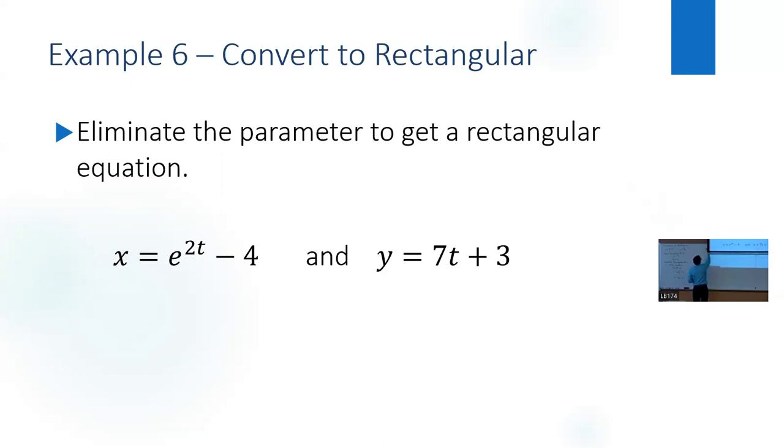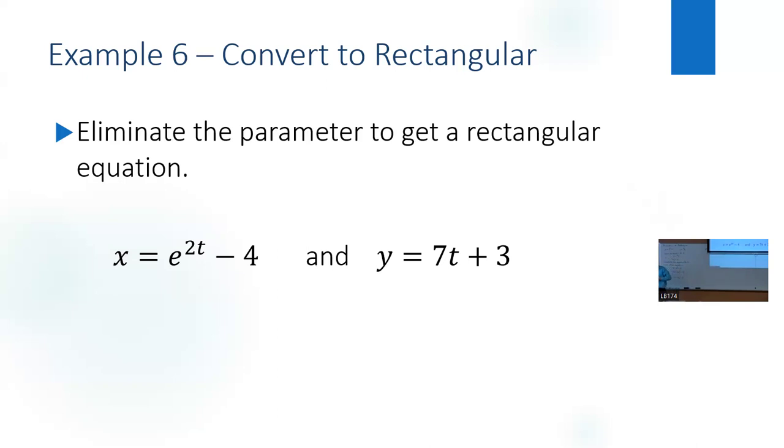All right, let's do the same thing. We're starting with parametric, and we want to convert to a rectangular equation. We have x equals e to the 2t minus 4, and y equals 7t plus 3.